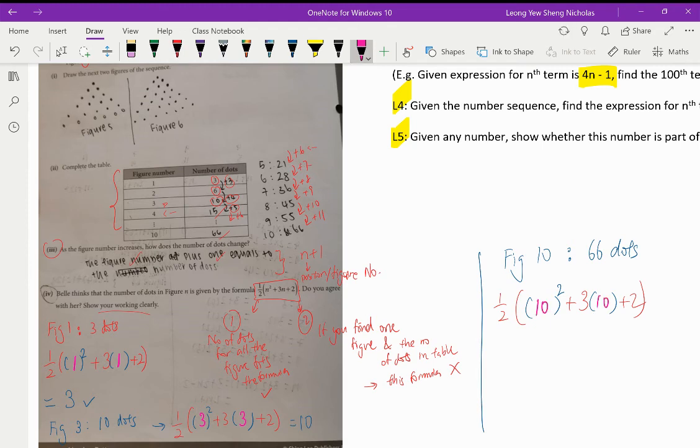Now I calculate. 10 squared is 100, 10 times 10. 100 plus 30 plus 2 is 132. 132 divided by 2 is 66.